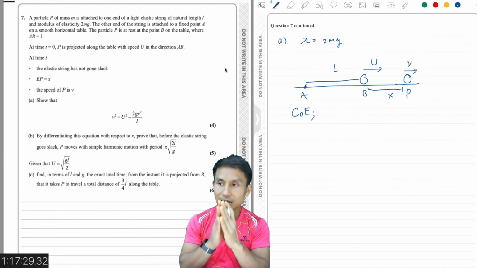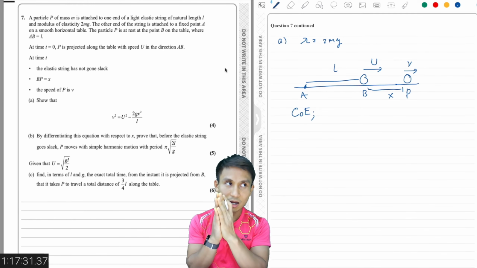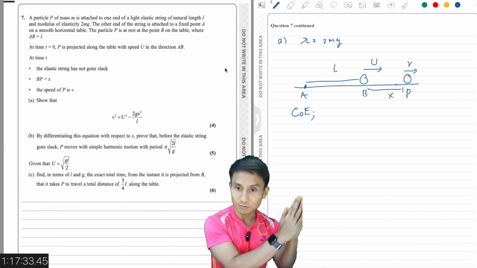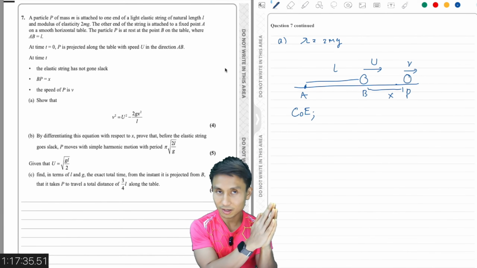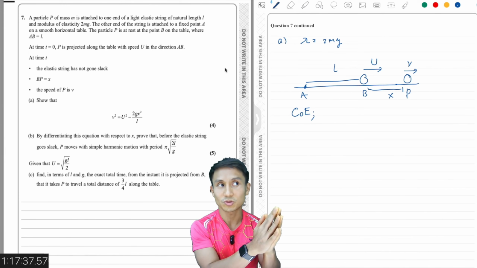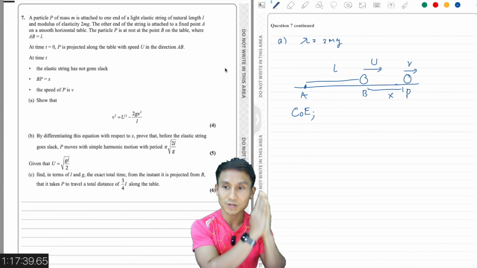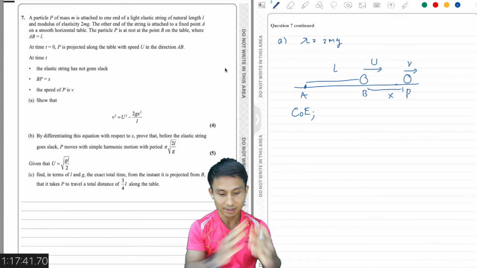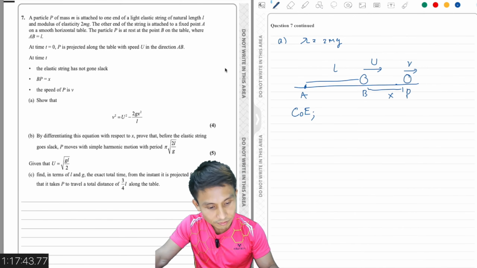You still do have elastic potential as well as kinetic there. So at point B you only have kinetic.